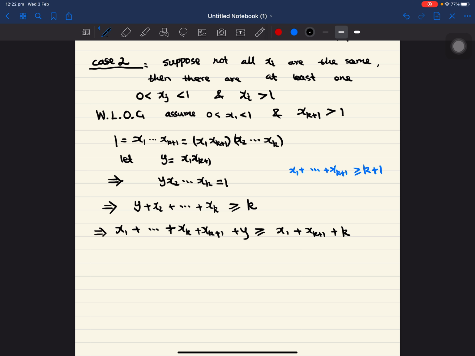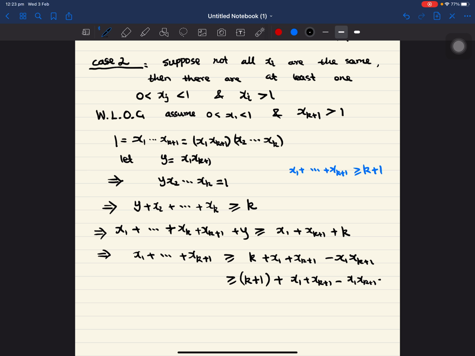We got x1 plus all the way to x(k+1) greater than or equal to k plus x1 plus x(k+1) minus x1 times x(k+1), and we also want k plus 1, so k plus 1 plus x1 plus x(k+1) minus x1 x(k+1) minus 1.